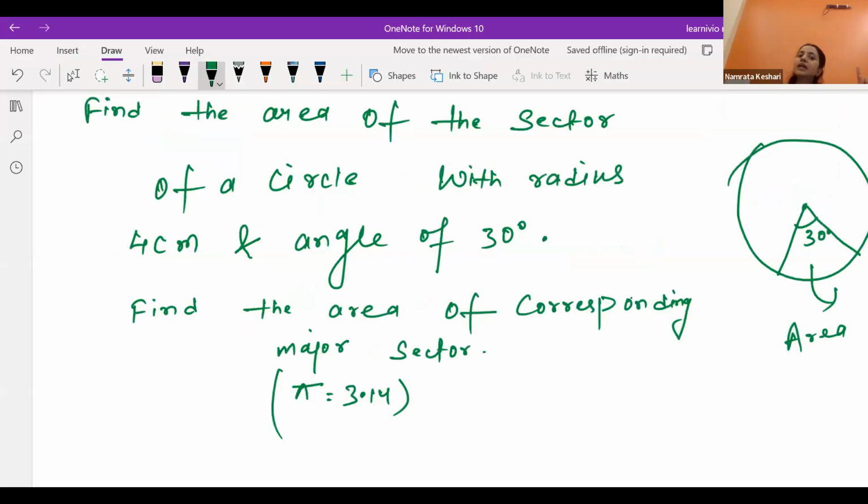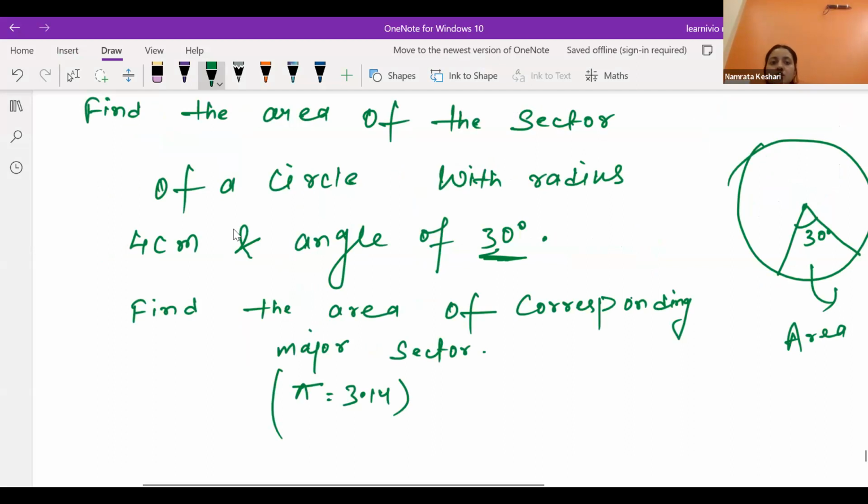The formula was theta by 360 into pi r square. Here theta is given as 30°, r is also given. Please find it. Note down, theta is 30° and r is 4 centimeter.